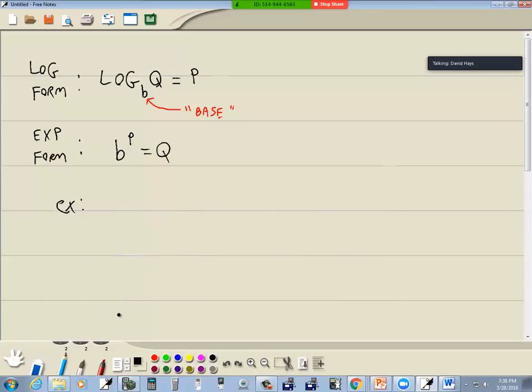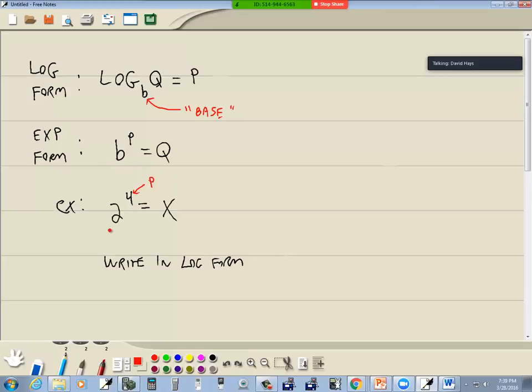Let's say I start with 2 to the 4th is equal to x. We start off in exponential form, and then we want to write it in log form. Well, if I match it up against my exponential form, my exponent, my power is p, so the 4 is going to be the p.